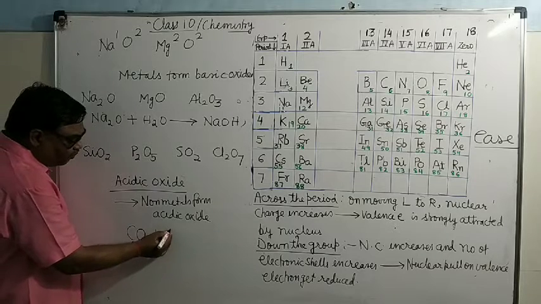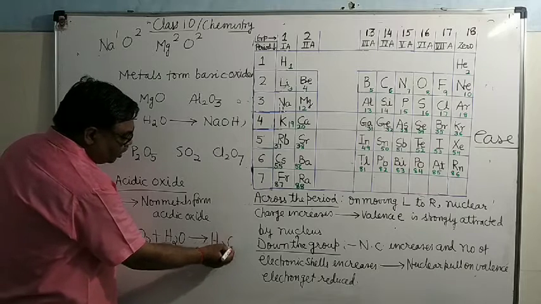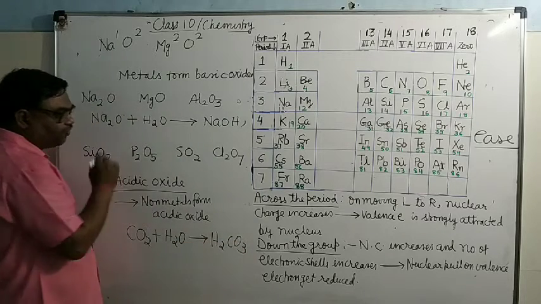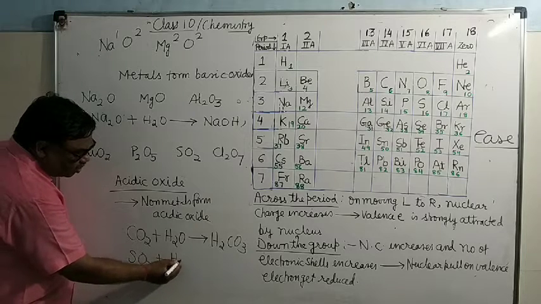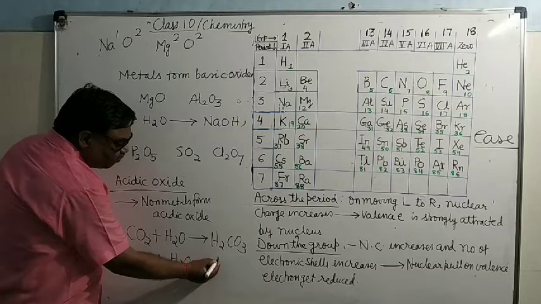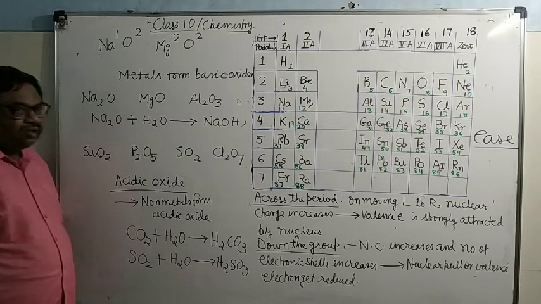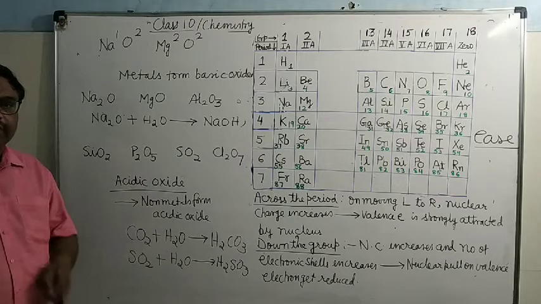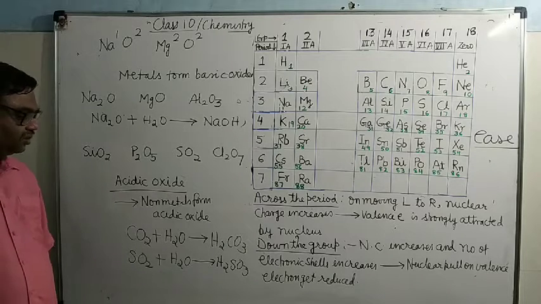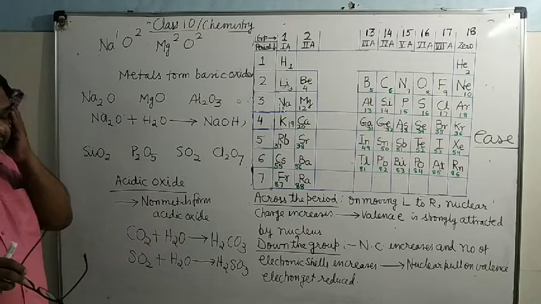When you dissolve it in water, what will happen? It will produce H2CO3. Sulfur is a non-metal. Its oxide is SO2. When it is dissolved into water, it will form H2SO3, sulfurous acid. Non-metal oxides, when dissolved into water, produce acids. And these acids, when they react with the bases, produce salt and water.